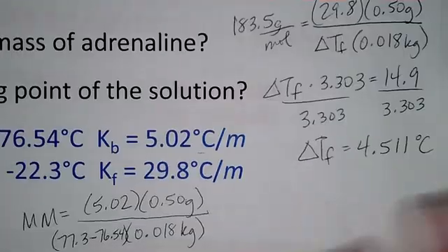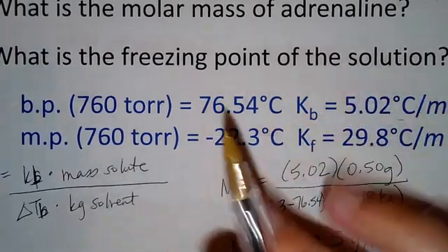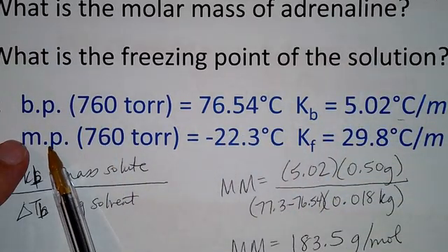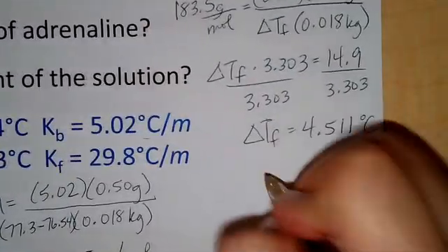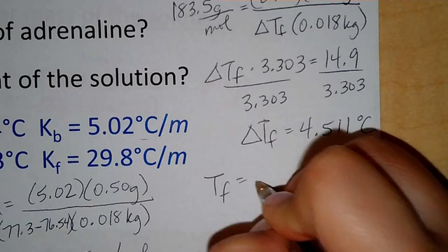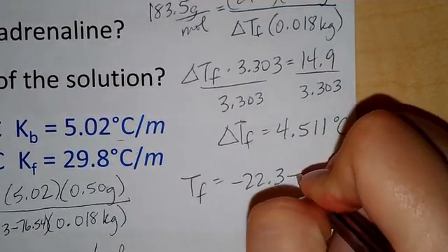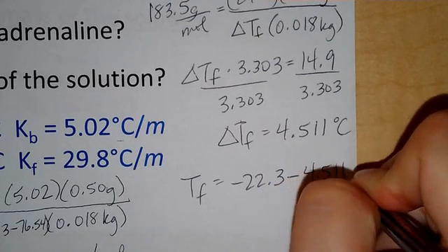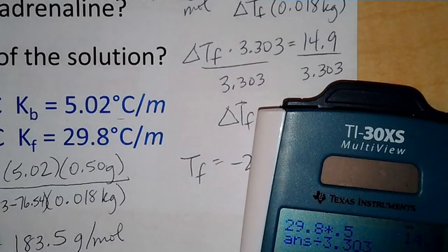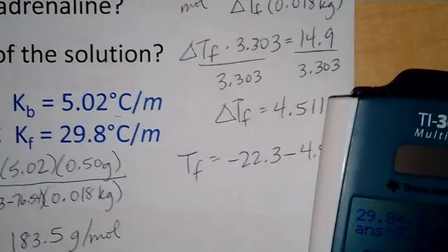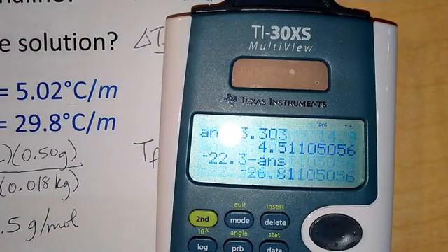So we have negative 22.3, and remember we're going to subtract the change because our freezing point has to go down. So negative 22.3 minus our change gives us negative 26.8 degrees Celsius for our new freezing point.